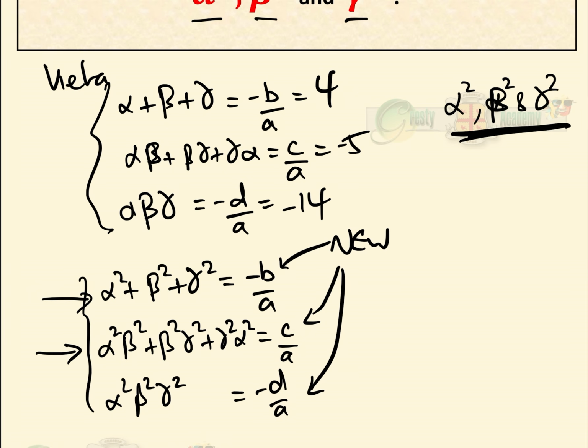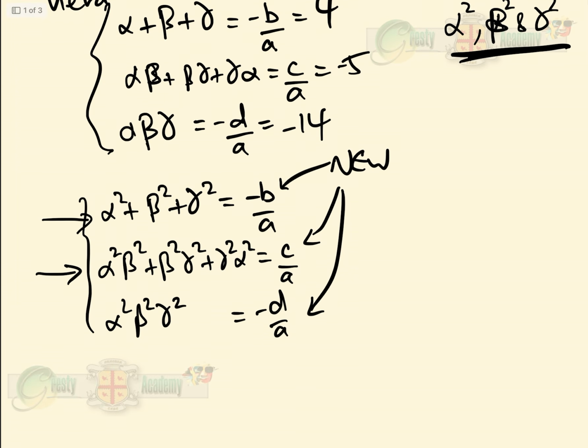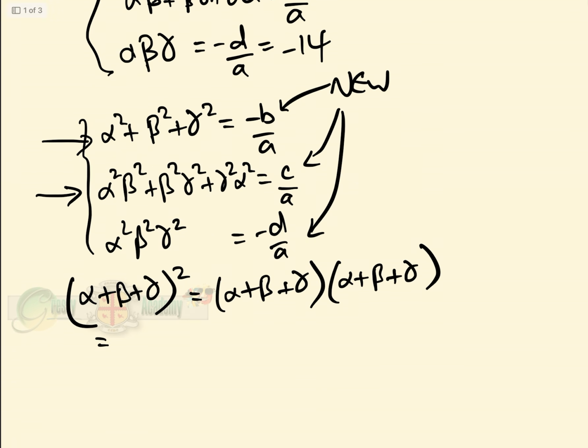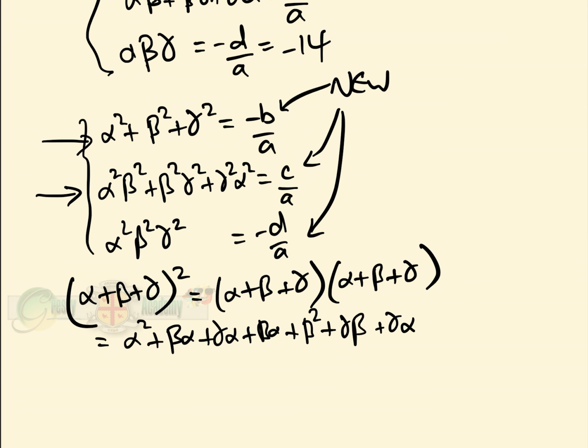Alpha squared add beta squared add gamma squared is relatively easy. We're going to use alpha add beta add gamma squared, which is alpha add beta add gamma times alpha add beta add gamma. That equals alpha squared add beta alpha add gamma alpha add alpha beta add beta squared add gamma beta add gamma alpha add beta gamma add gamma squared.